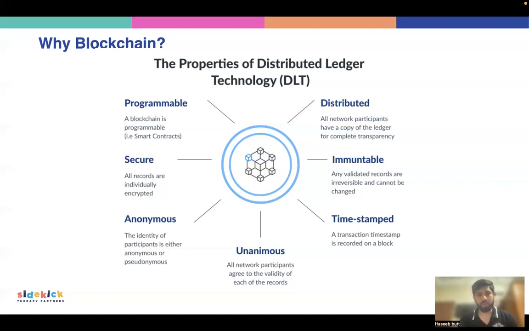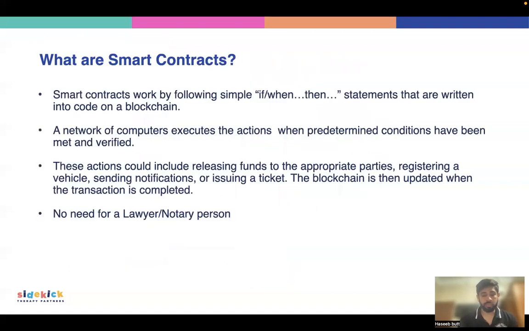Blockchain is programmable due to smart contracts. I'm going to explain a little bit about smart contracts in the next slide, because smart contracts play a very, very important role in blockchain application development.